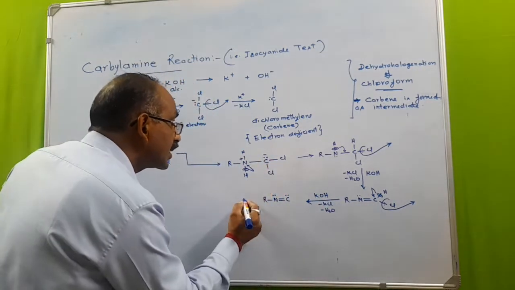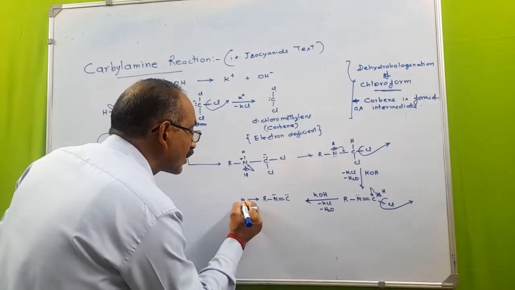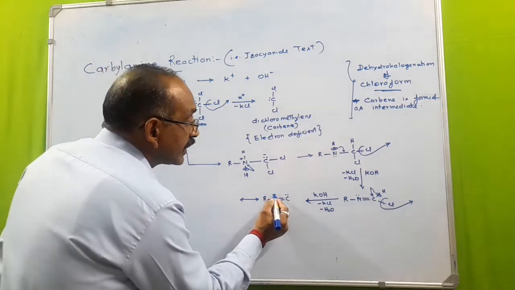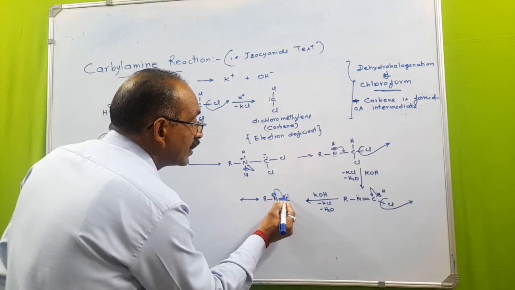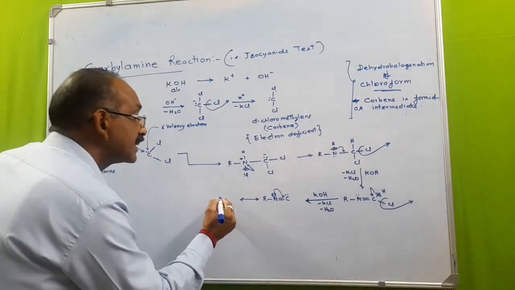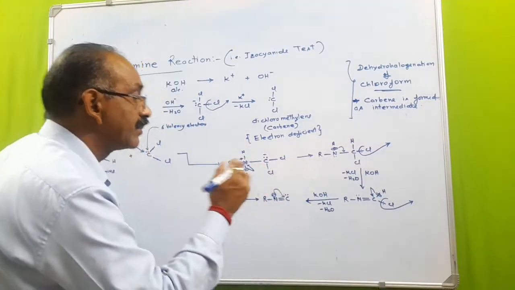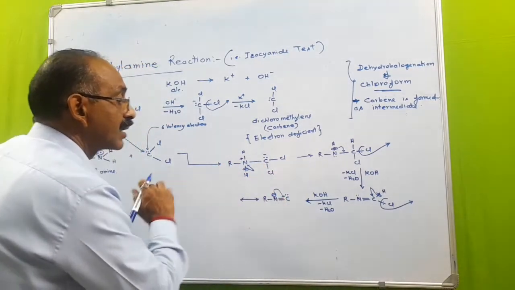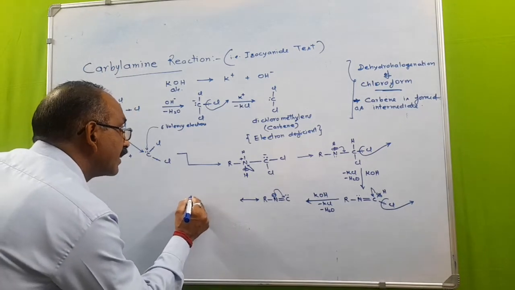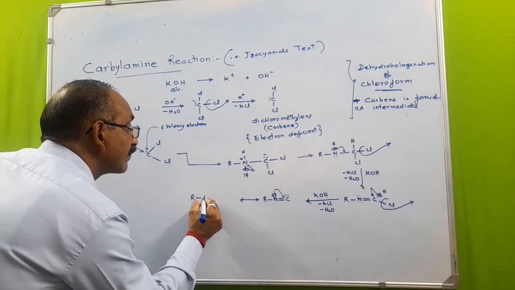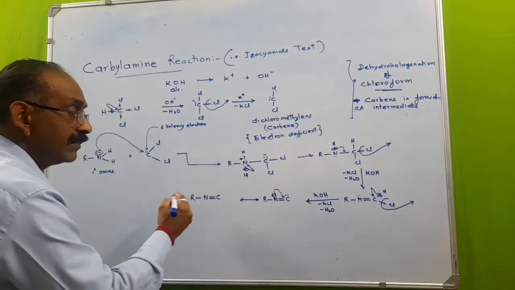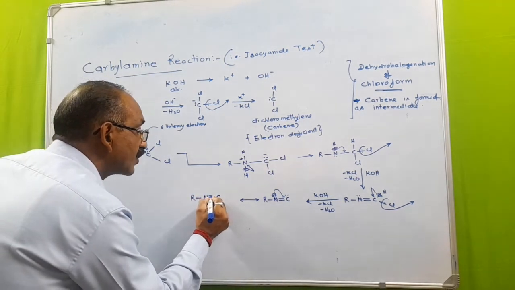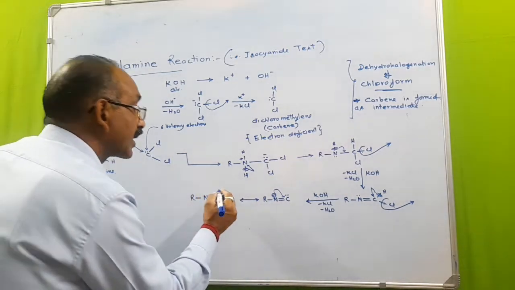So in order to complete its octet, the nitrogen will donate its electron pair here, meaning it will form a coordinate bond with the carbon, and you will get this. Here there was a double bond with this carbon, and nitrogen has donated its electron pair to the carbon.